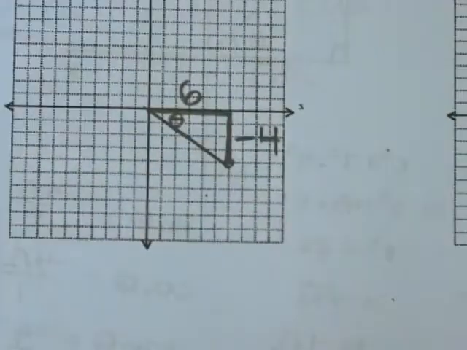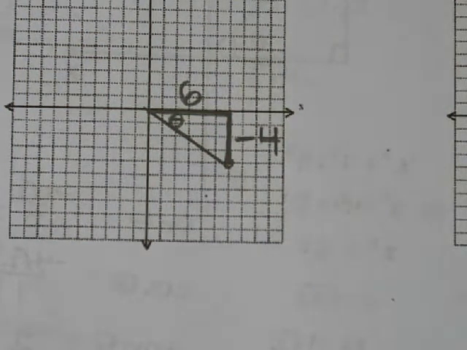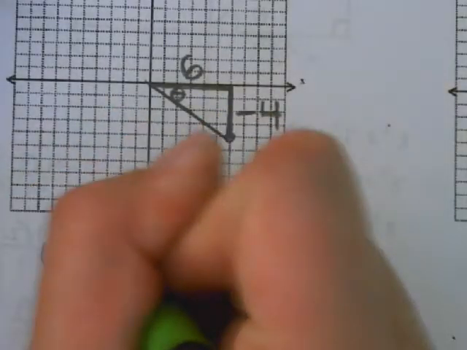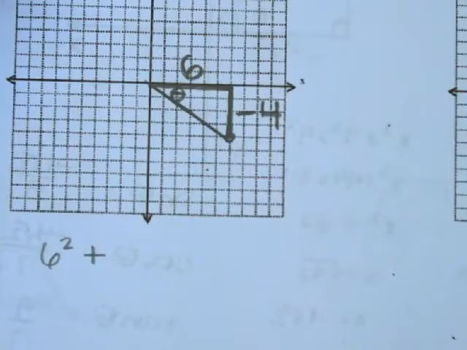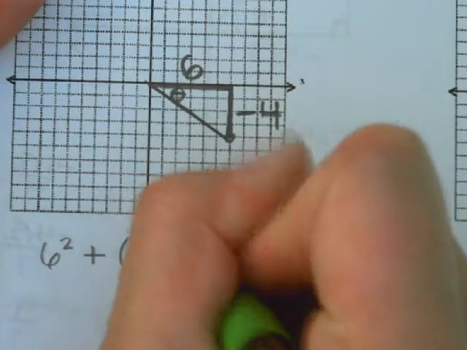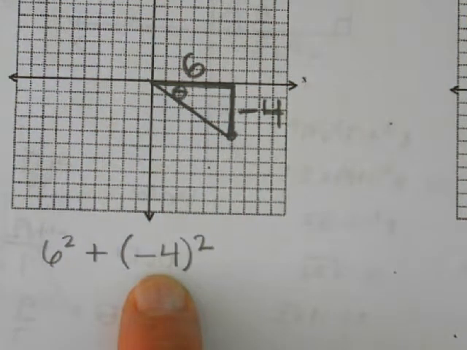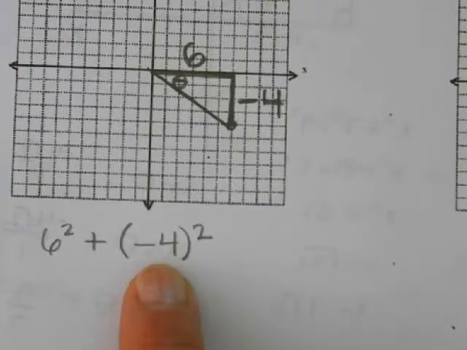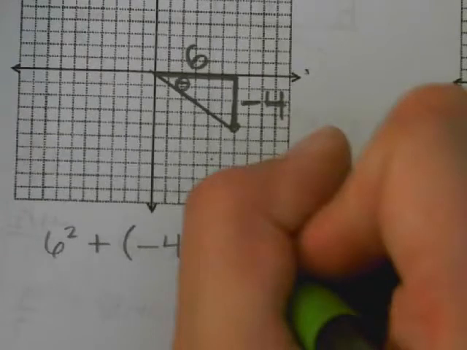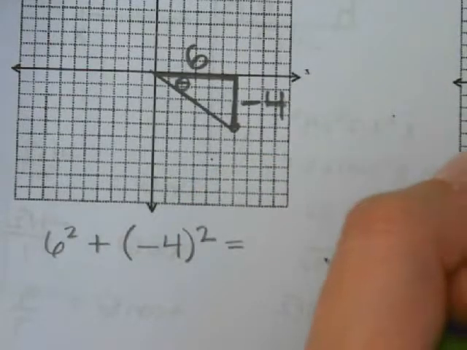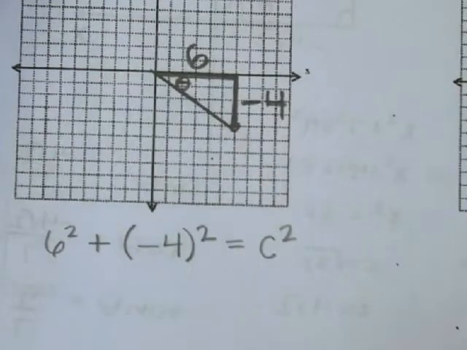Alright. So how do we find that missing side length? Pythagorean theorem, right? So we're going to say 6 squared plus negative 4 squared. Now, if you do not put parentheses around negative 4 and you type it in your calculator, you're going to get it wrong. So make sure you put the negative inside parentheses with the 4. So 6 squared plus negative 4 squared equals c squared, right? Or hypotenuse squared. You could use h if you wanted.